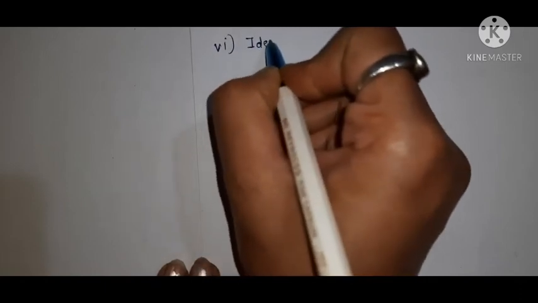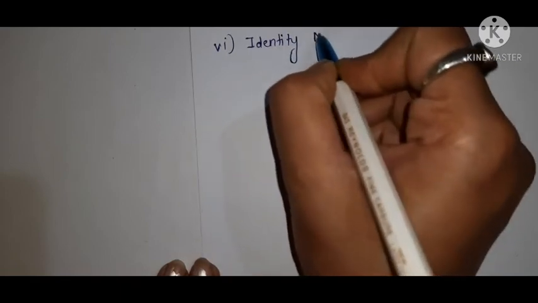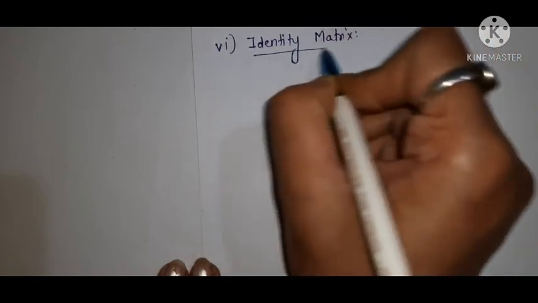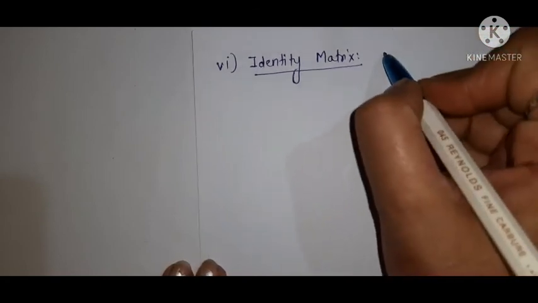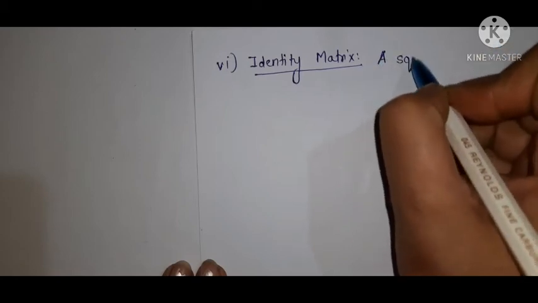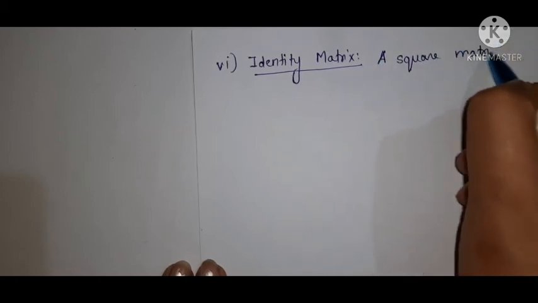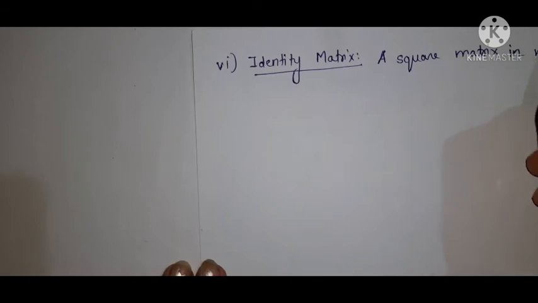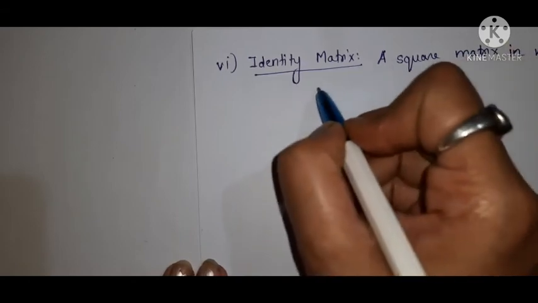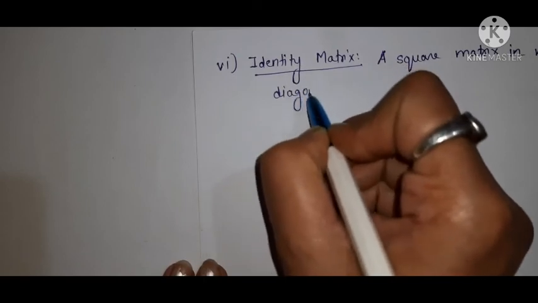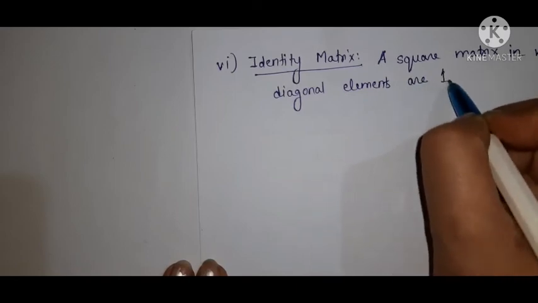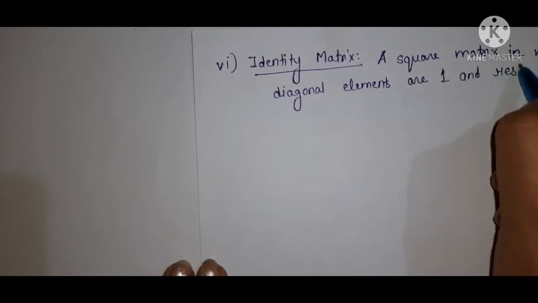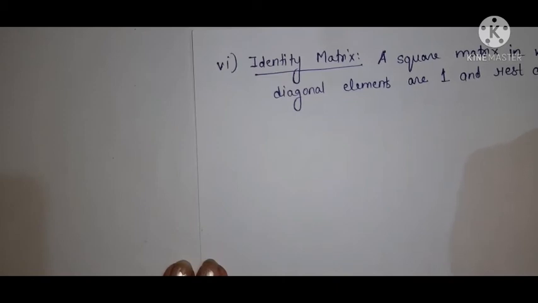Next, another type, identity matrix. A square matrix in which diagonal elements are 1 and rest are 0.